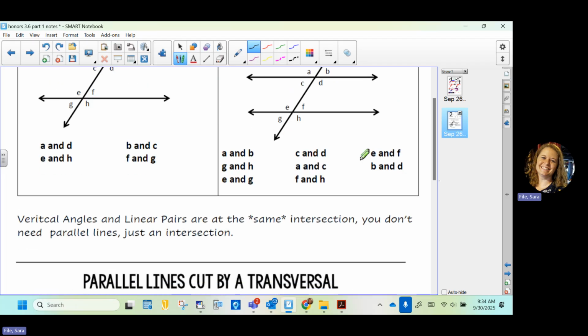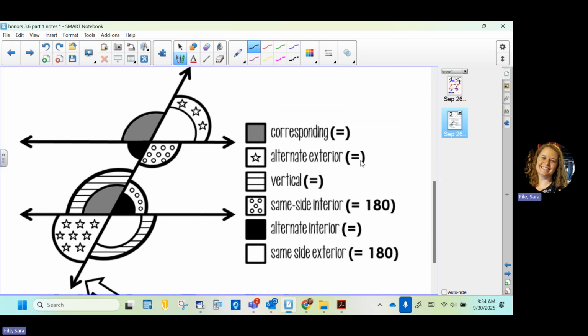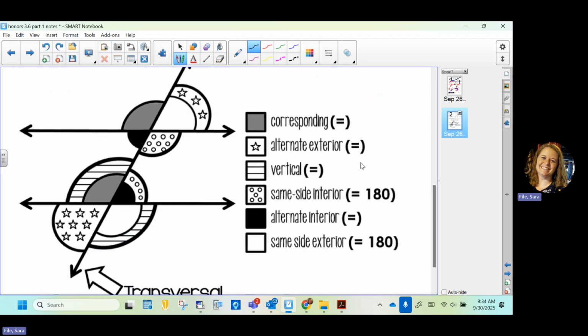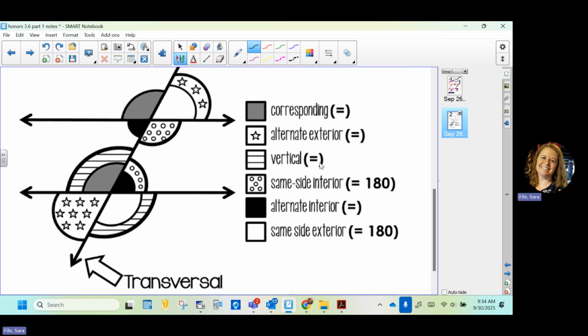Okay, there is at the bottom here, if you want to color this, you can, but it used symbols so that you didn't have to color, so that you can see all the different relationships, okay? The only ones that equal 180 are same side interior or same side exterior, okay?